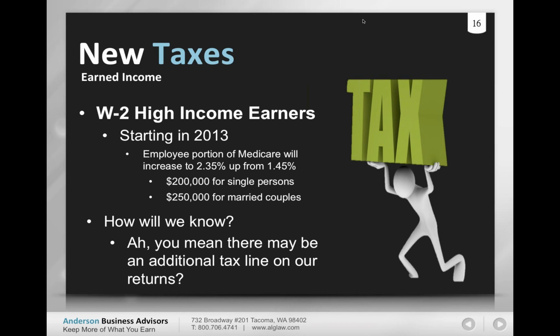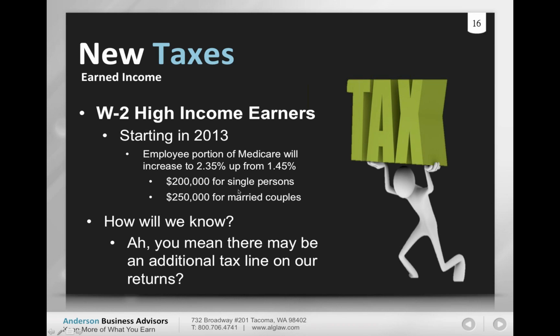There is actually now going to be an additional tax that's going to be recorded on box 6 of your W-2 starting in 2013. And that is basically for earners of income from W-2 sources now.